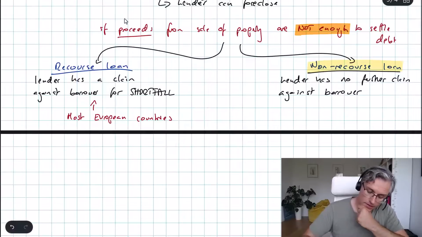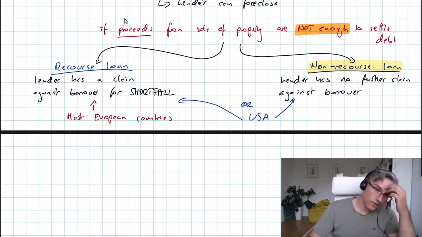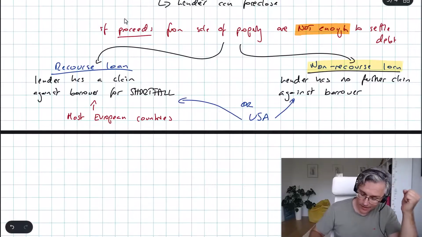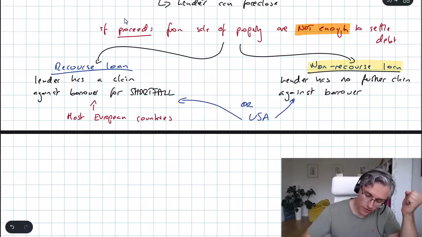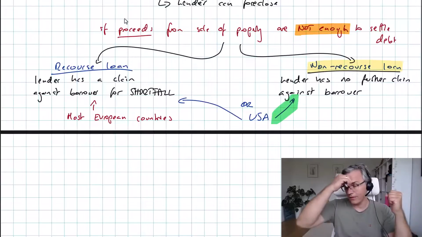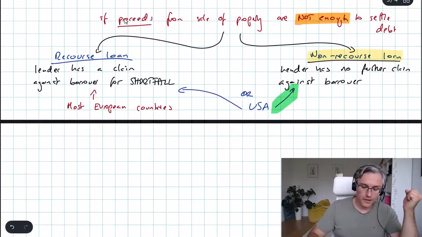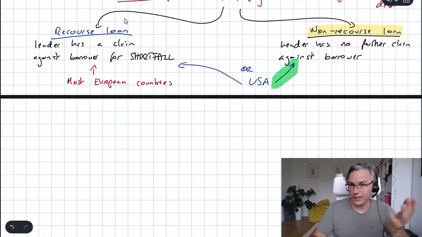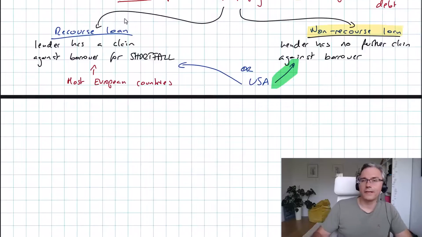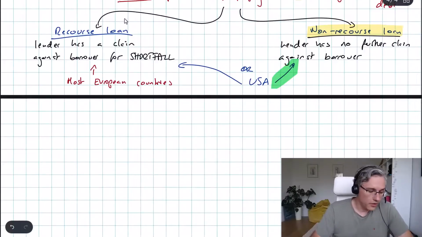And let's just say that in the USA, things can be either this or this. It's actually a matter of state law and state regulation. Many states, however, do have this feature where their loans are non-recourse loans, and ultimately it's not the borrower's problem if the asset's value has fallen and is not enough to cover the obligation.